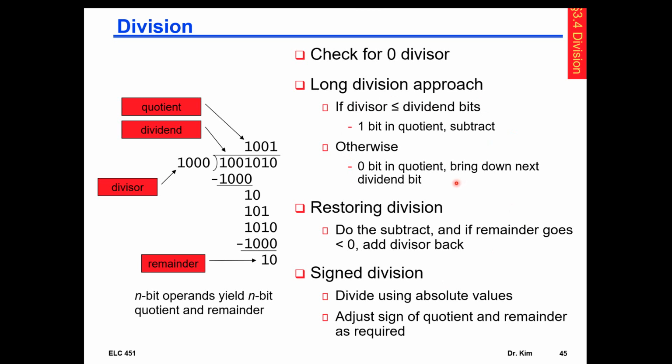If we have signed division, we basically look at the absolute values and then adjust the result depending on the signs of the operands. If the signs are the same, then we have a positive result. If the signs are different, then we take the 2's complement of the result, making it negative.